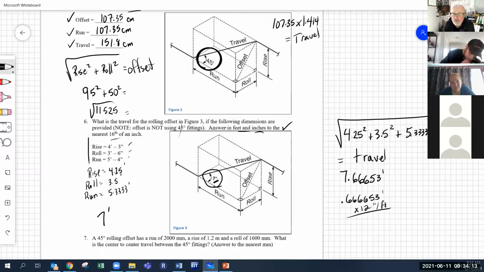7.66653. Oh, my numbers aren't matching yours? Yeah, I used one less 3 than you. I only went 5.3. Okay, so we're close enough, Jarrett. So what does it come out to? 8 inches.